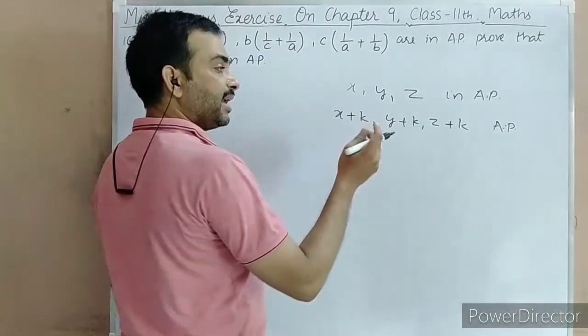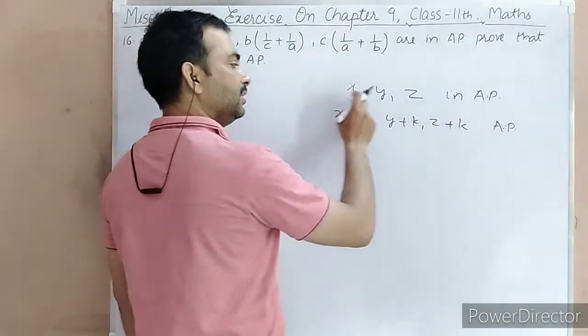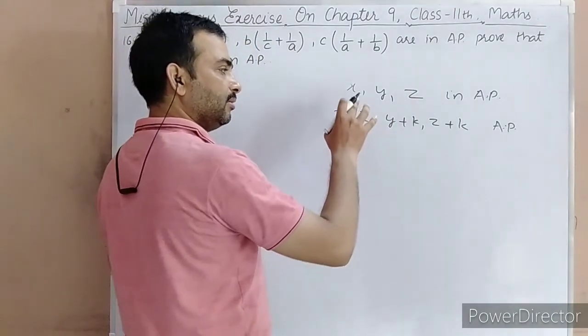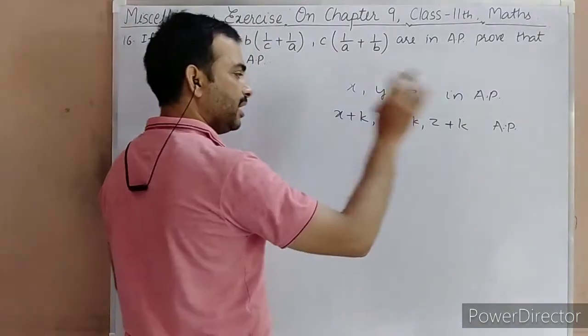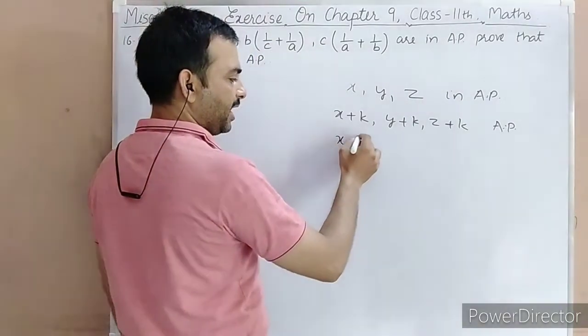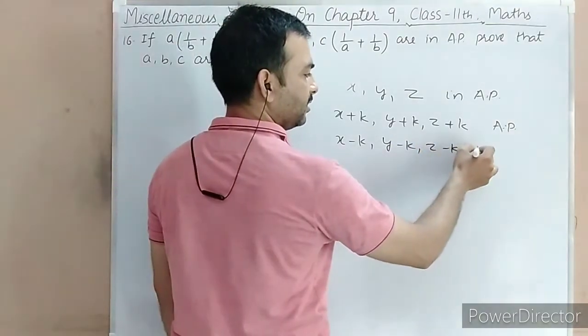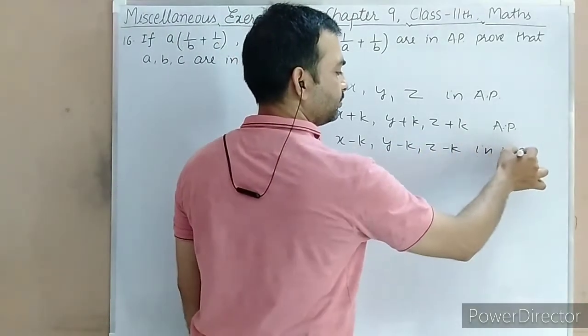I can subtract any constant from these three terms, so x minus k, y minus k, z minus k are again in AP.